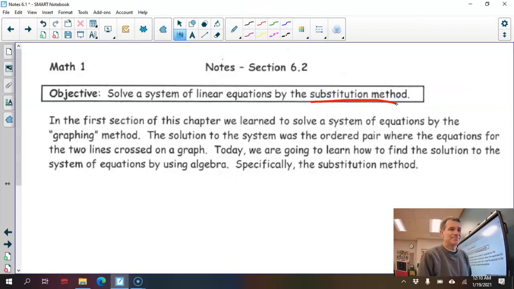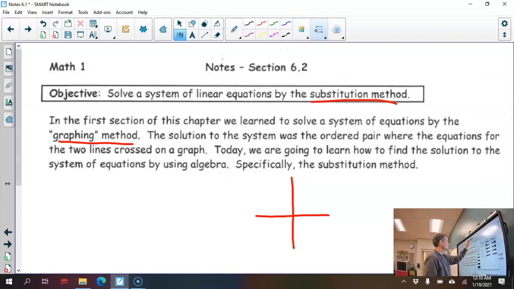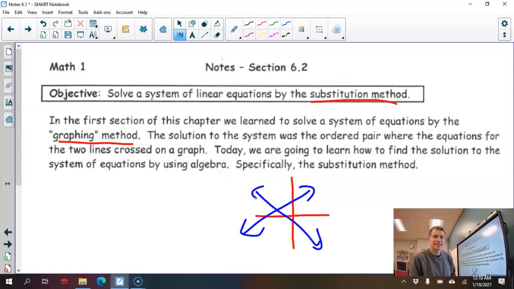I want to remind you, and you do not need to write this down, just listen. In the first section of the chapter, we learned to solve a system of equations by the graphing method. That was when you took your two equations and graphed them. Maybe one of them made a line that looked like that, maybe one of them made a line that looked like that.